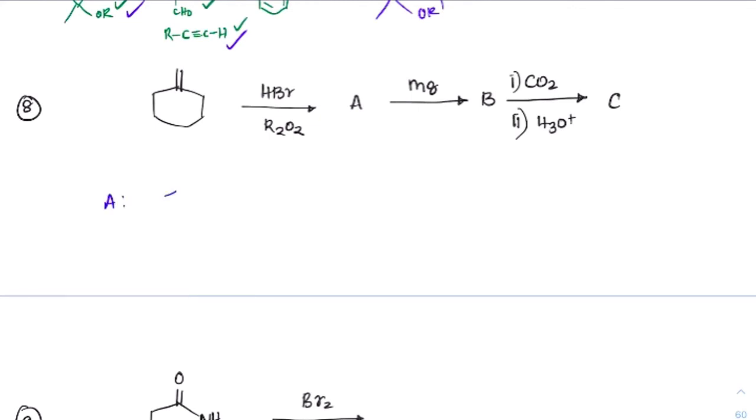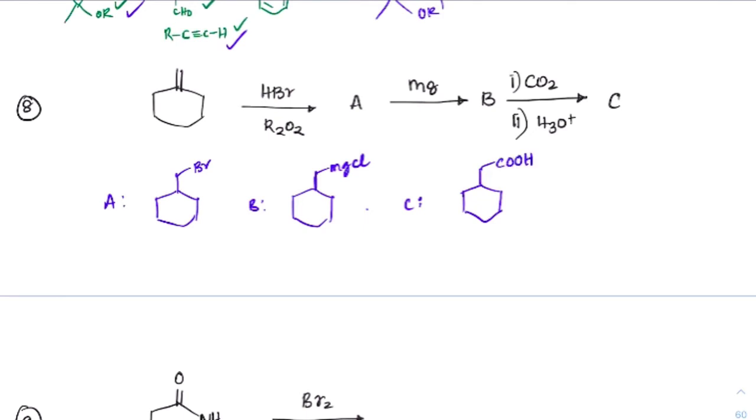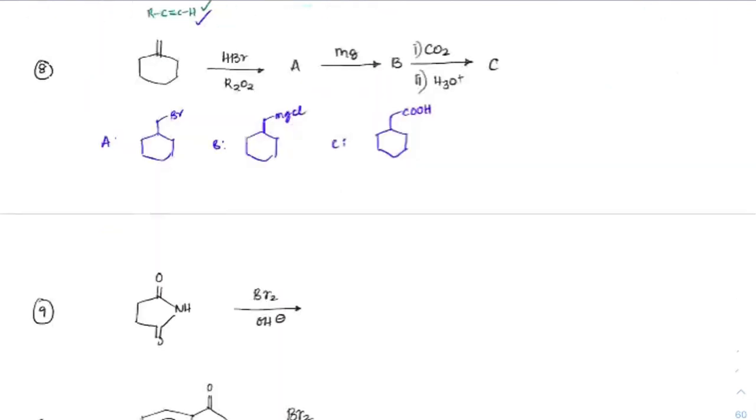So A is Br here, and B will be Grignard's reagent, Mg, MgCl. Then C, CO2. With CO2, we'll have COOH formation. So that will be the final product.